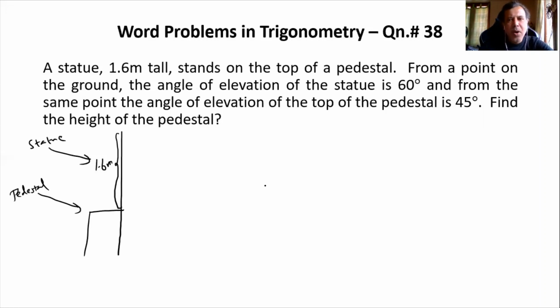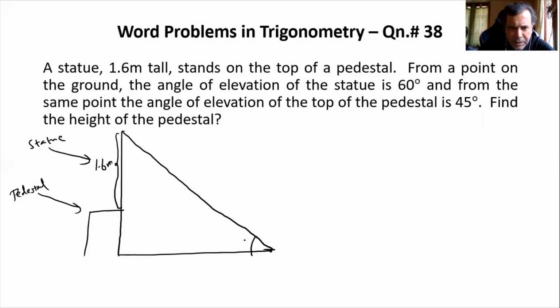From a point on the ground, let me say the point is somewhere here. This is the point. The angle of elevation of the statue is 60 degrees. Let me join this. This is given as 60 degrees. And from the same point, the angle of elevation of the top of the pedestal is 45 degrees.